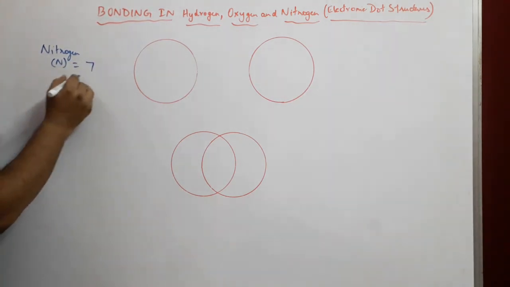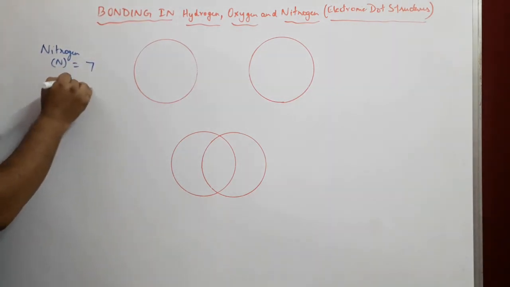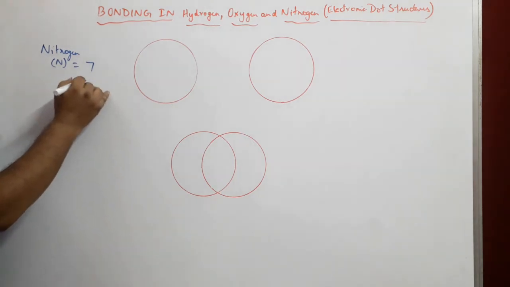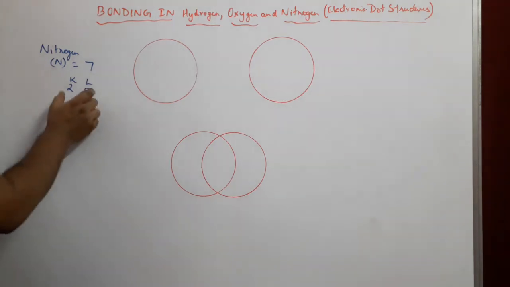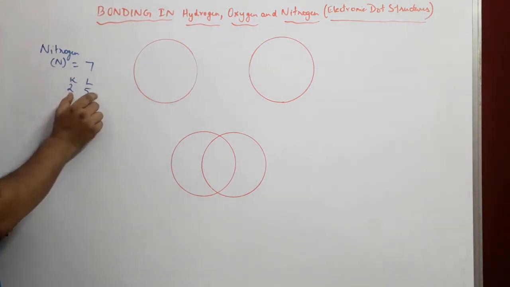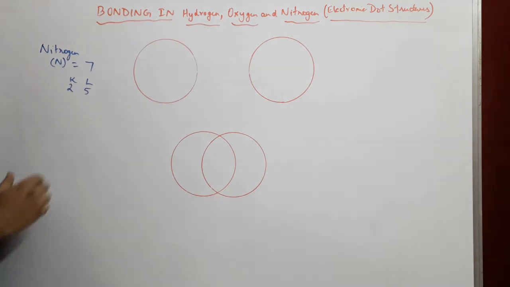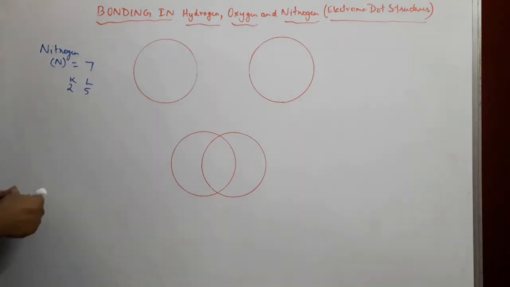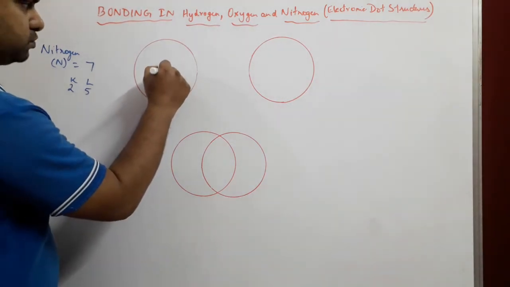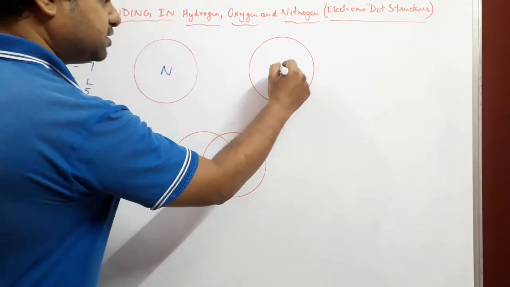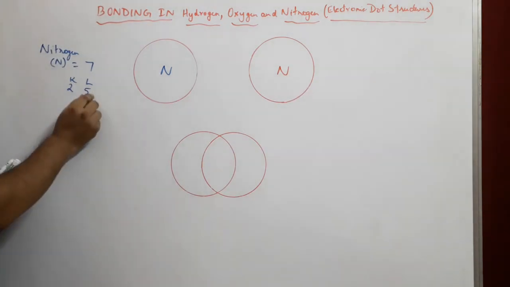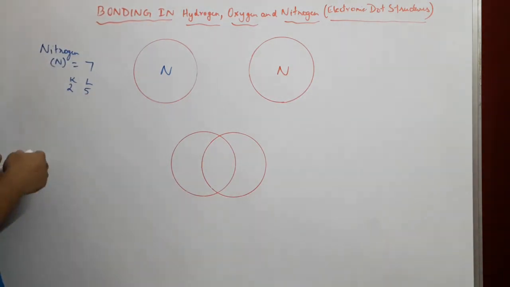So the distribution of electrons would be 2 in the K shell and 5 in the L shell, which means that it needs 3 more electrons to satisfy the condition of getting a full octet or noble gas configuration. So if you put it down over here as nitrogen, and over here is a nitrogen atom as well, we are looking only at the 5 electrons present in the outermost shell, the valence electrons.